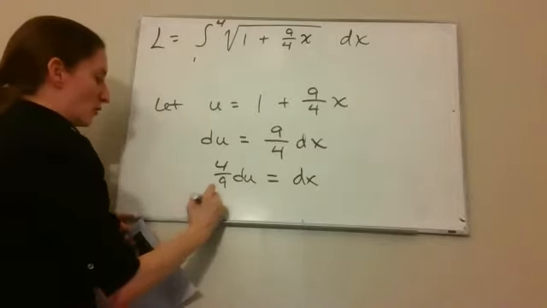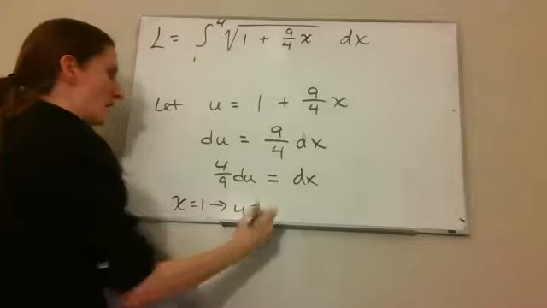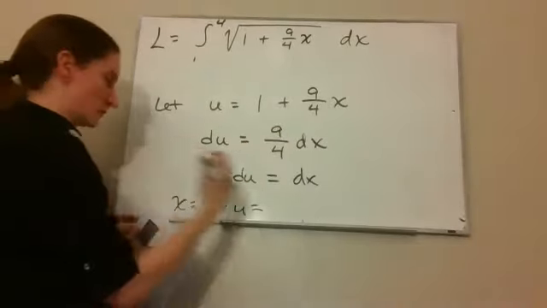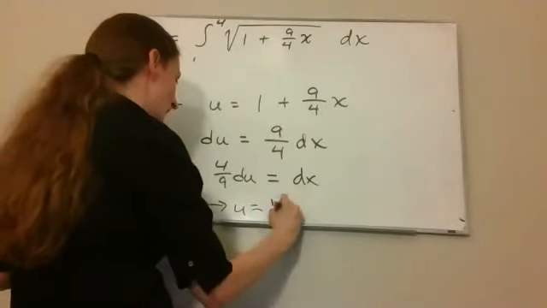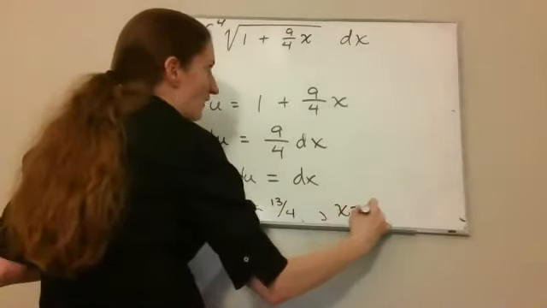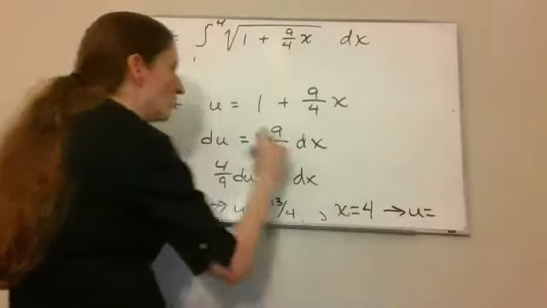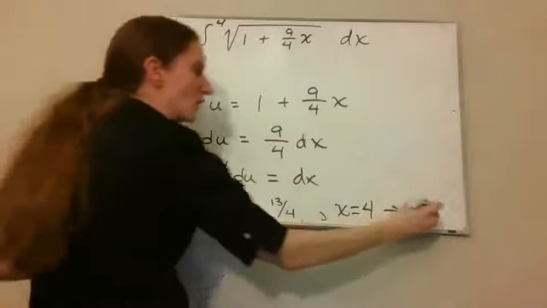When x is equal to 1, that means my u is equal to 1 plus 9/4 times 1. Well, that would be 1 plus 9/4, that's 13/4. And when my x is equal to 4, that means my u is equal to 1 plus 9/4 times 4. So that's 1 plus 9, which is 10.